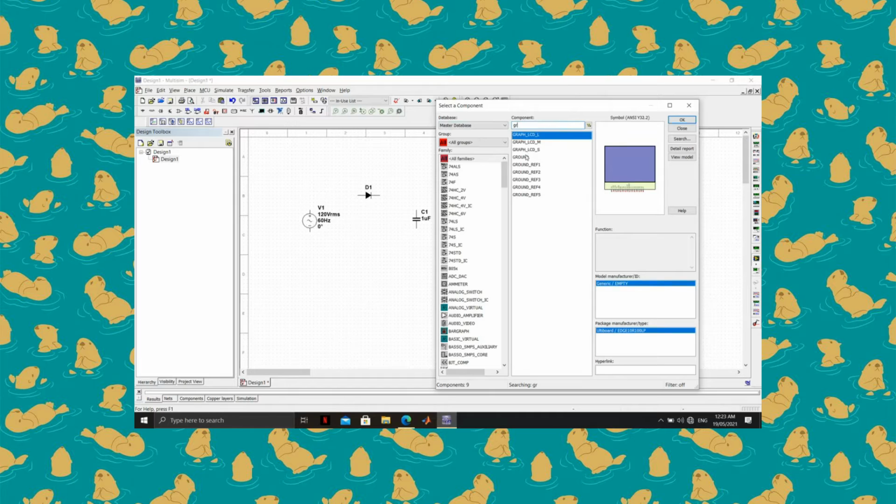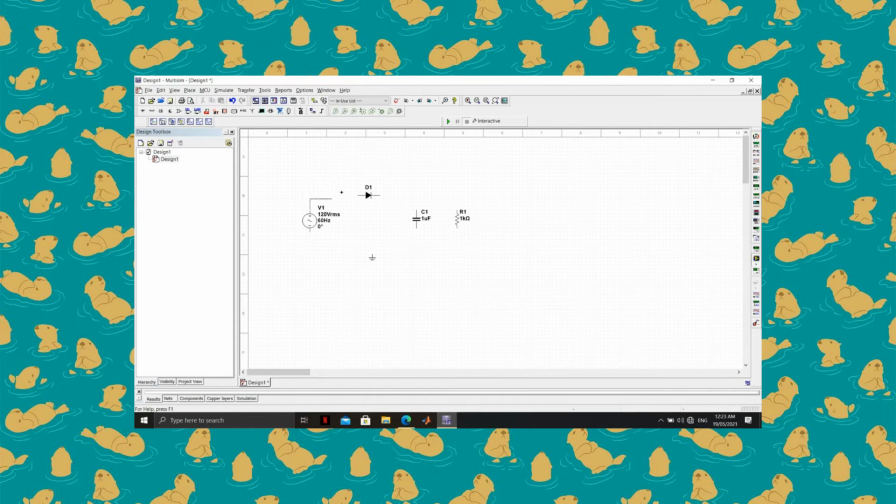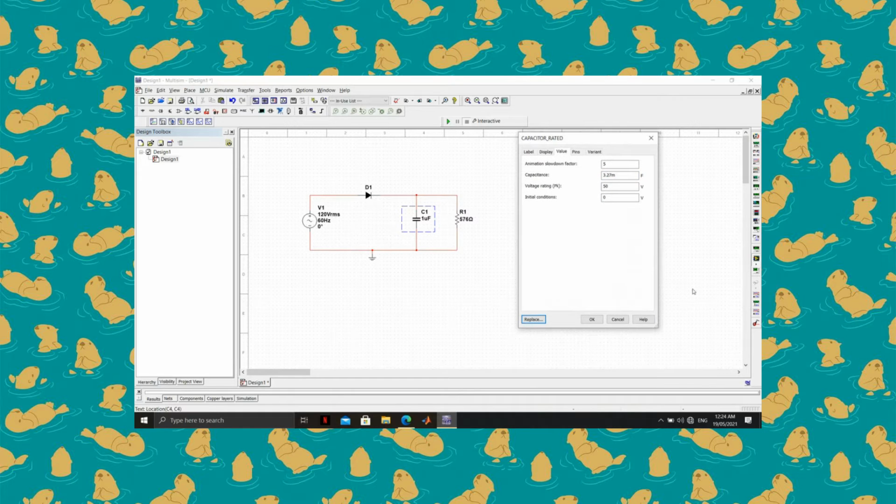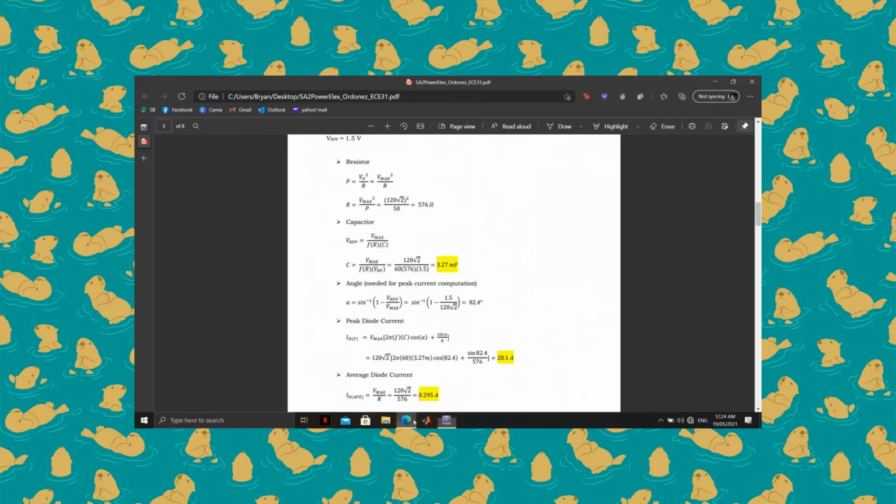Also our ground. Now connect the circuit such that the capacitor is in parallel with the resistor. The computed value for our resistor is 576 ohms, and for our capacitor it is 3.27 millifarad, as seen from our computation.